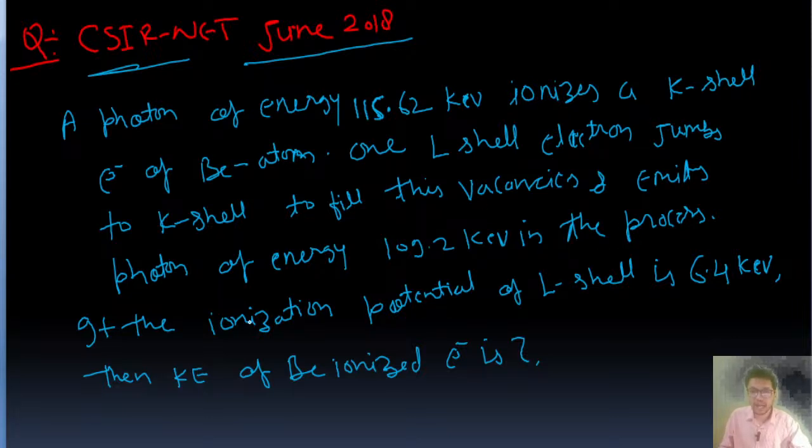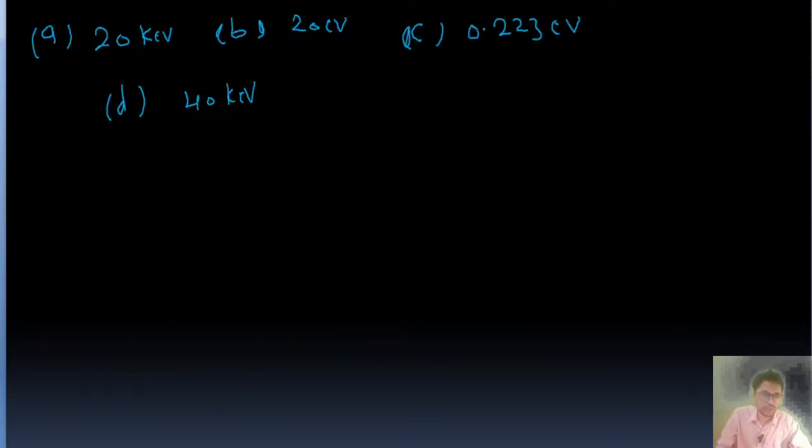If the ionization potential of the L shell is 6.4 kilo electron volt, then the kinetic energy of the ionized electron of beryllium, that's what we need to find. Okay, very simple question.